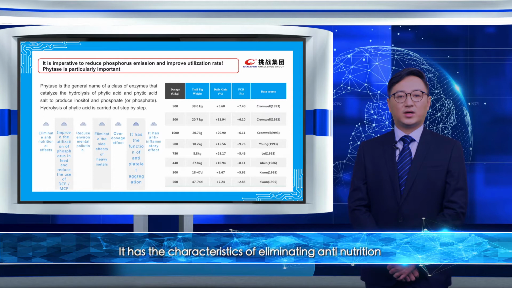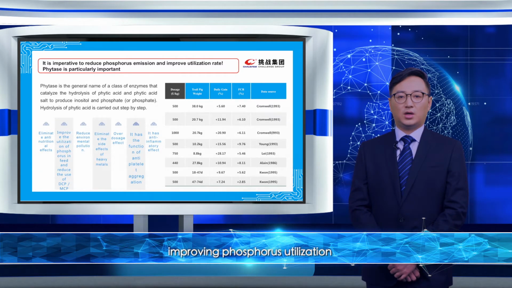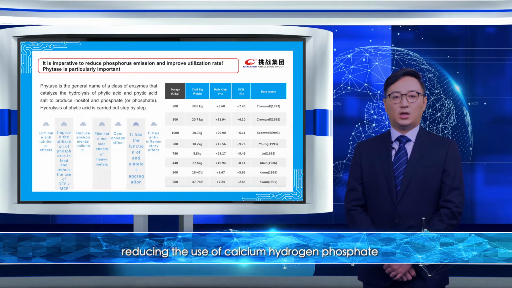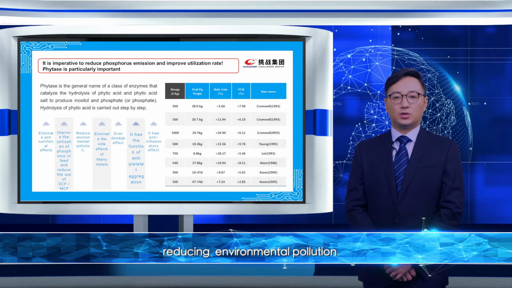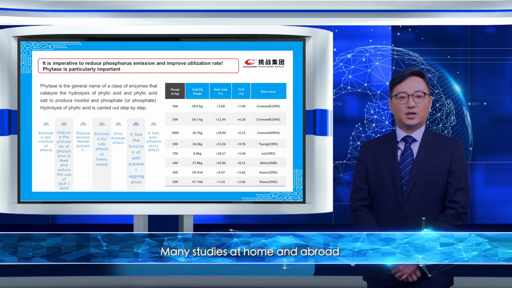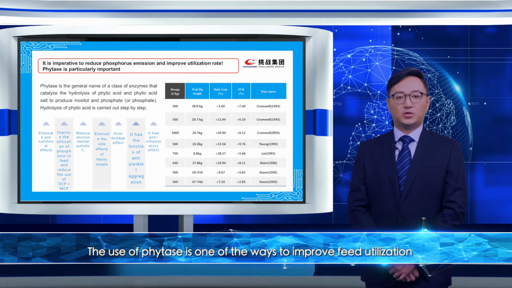It has the characteristics of eliminating anti-nutrition, improving phosphorus utilization, reducing the use of DCP, reducing environmental pollution, and better effect with excessive addition. Many studies at home and abroad have shown that the addition of phytase is very effective. The use of phytase is one of the ways to improve feed utilization.